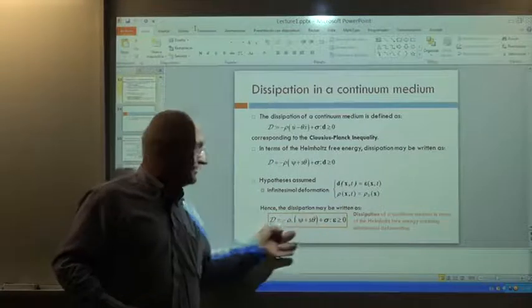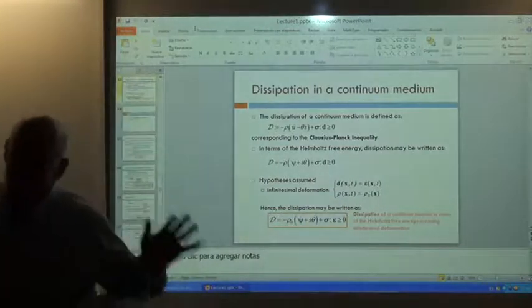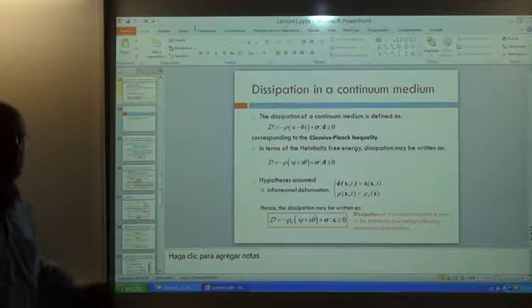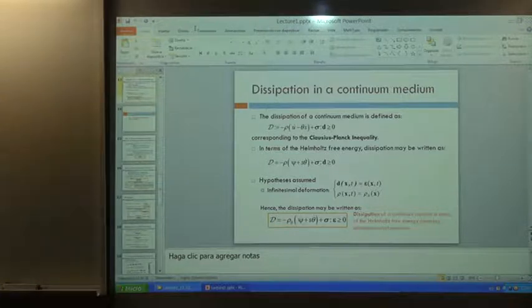And that's the equation that is part of the first building block of the theory for constitutive modeling. Questions?